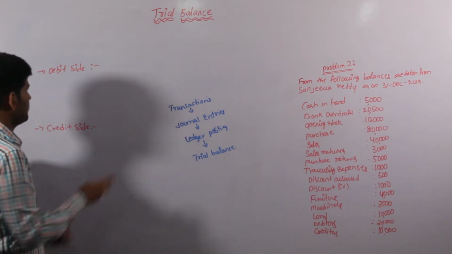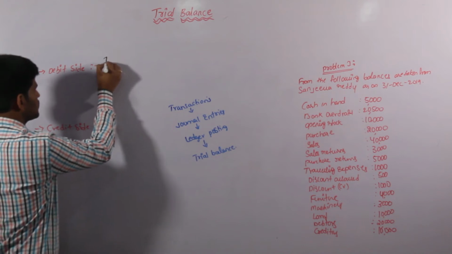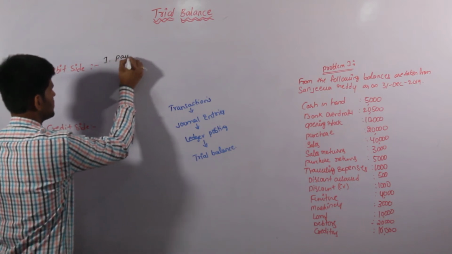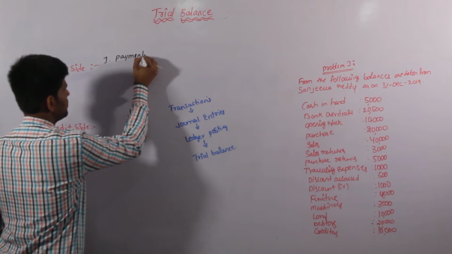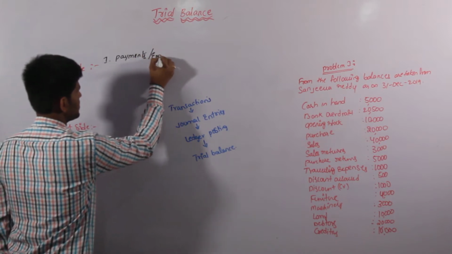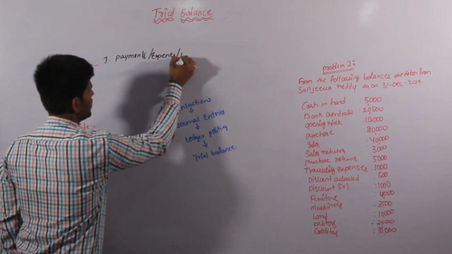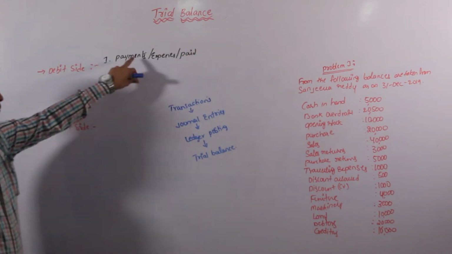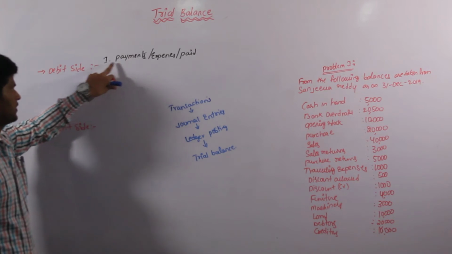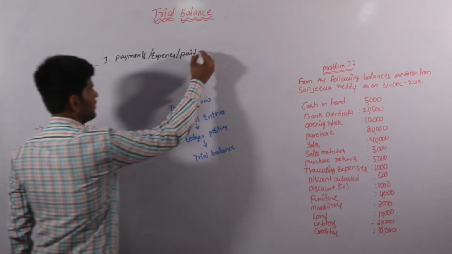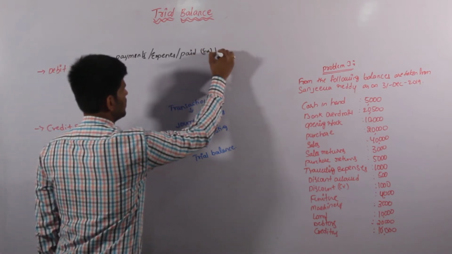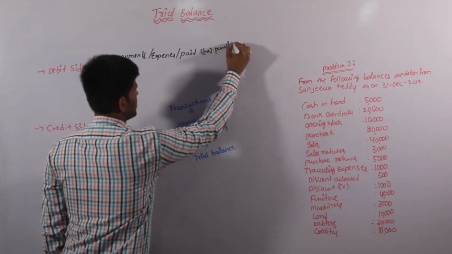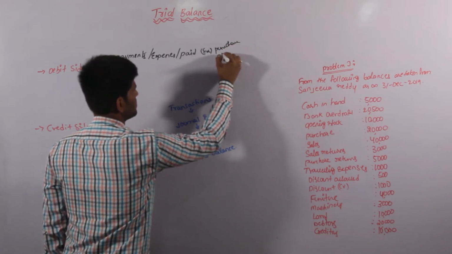On the debit side, the first one we have to enter is payments. Payment is like expenses or paid. If the transaction is given in terms of payments or expenses paid, we have to enter it on the debit side. For example, purchase, other expenses.